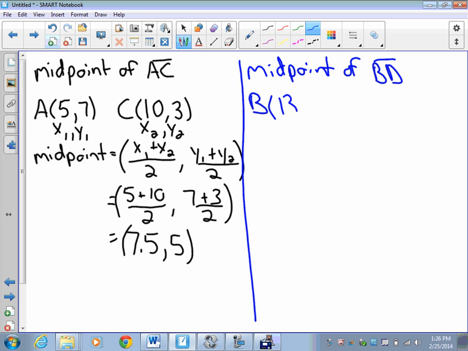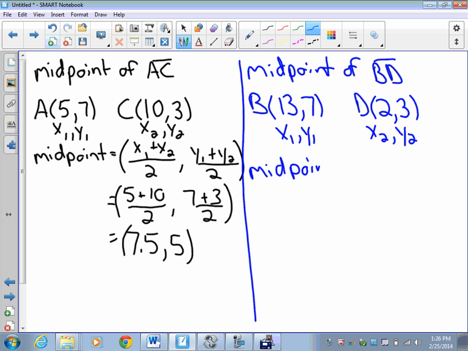B is (13, 7). D is (2, 3). So this is x1, y1, and this is x2, y2. Remember, point 1 and point 2. Midpoint, always good to get more practice writing the formula. You definitely want to remember this.